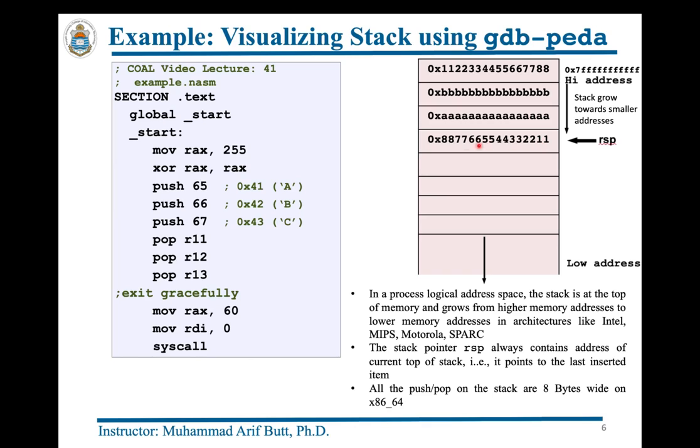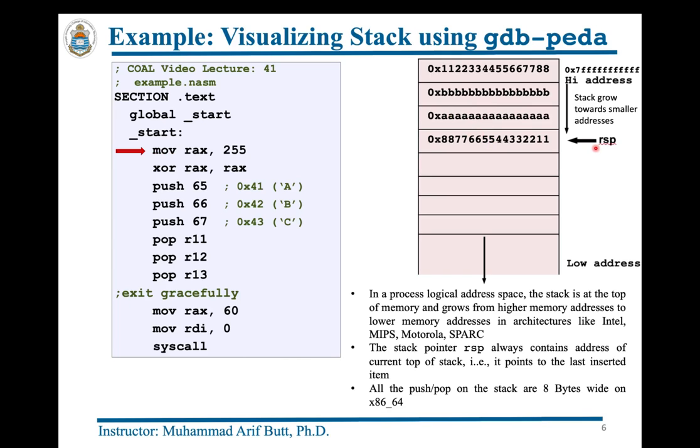And one more important thing is that the width of the stack in x86-64 is 64 bits. So all push and pop on the stack are 8 bytes wide. Let us just assume that when this program starts its execution from this line, that is this move instruction, the stack contains these 4 hypothetical items.